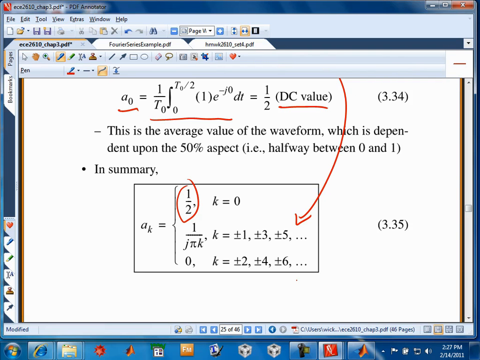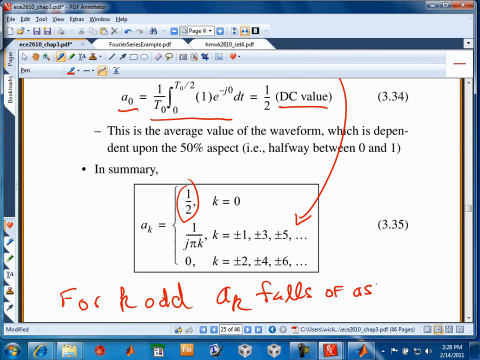So the important thing is that the a_k's, when they do exist, which is for k odd, the fall-off rate of the Fourier coefficients is 1 over k.